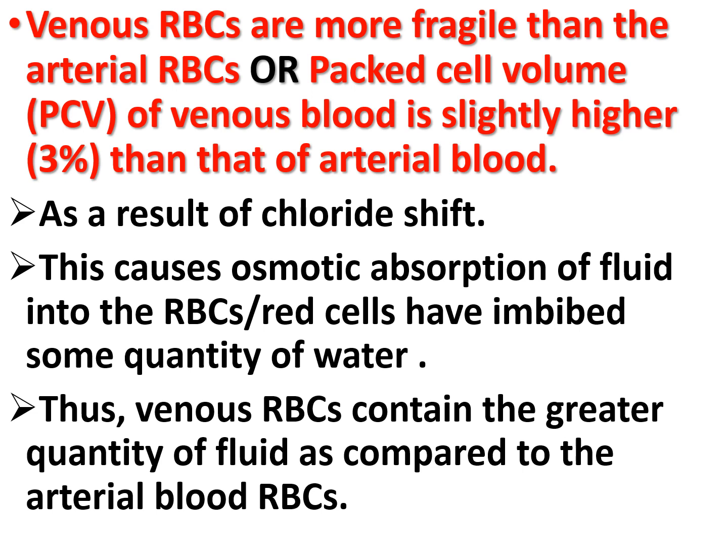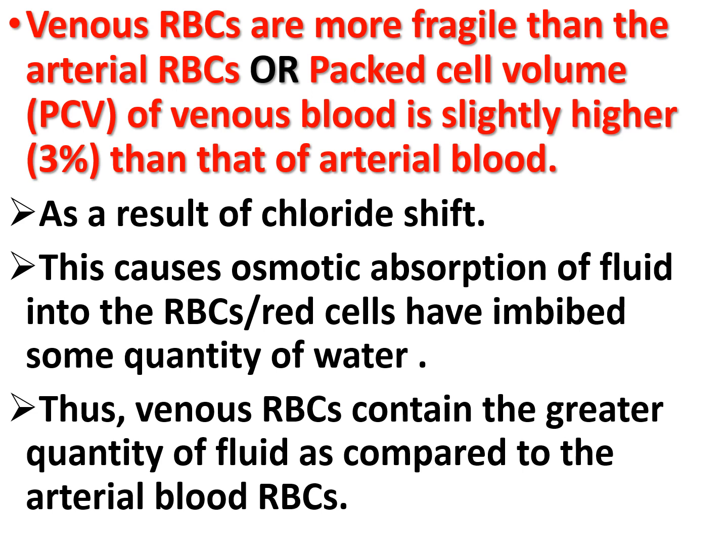Venous RBCs are more fragile than arterial RBCs, and the PCV of venous blood is slightly higher than that of arterial blood. As a result of chloride shift, the total number of ions inside the RBC increases. So the osmotic pressure inside the RBC becomes higher than that of the plasma due to chloride shift.